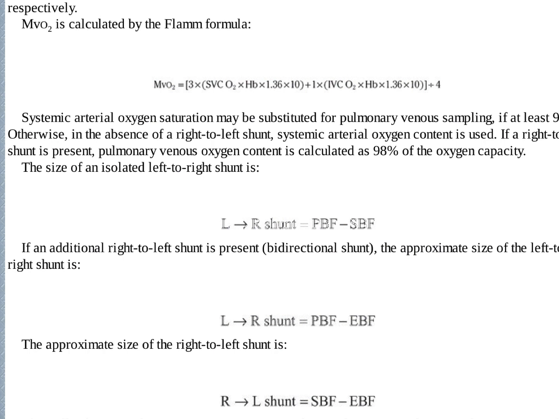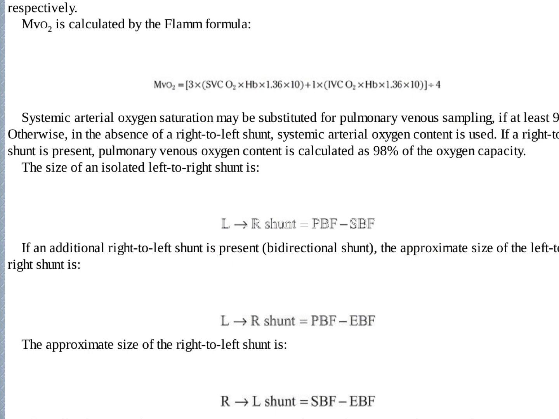Then let's go from top to bottom. How do you get the mixed venous oxygen consumption? You can get this through the Fick formula, which is shown there. Then how do you determine left to right shunt size? If you have left to right shunt, it means that blood from the left side is going to the right.